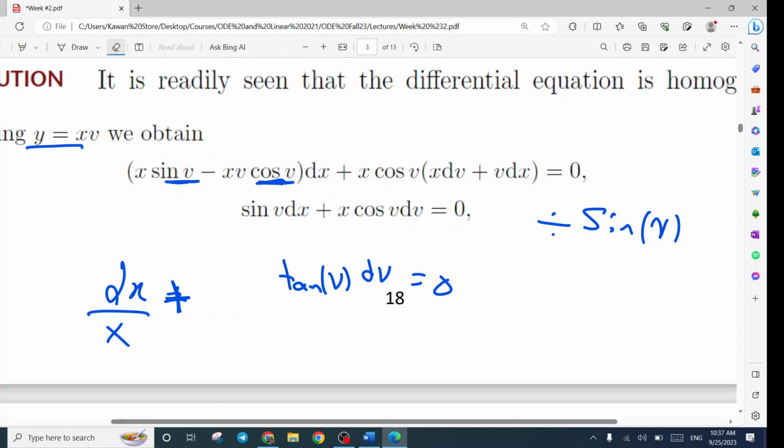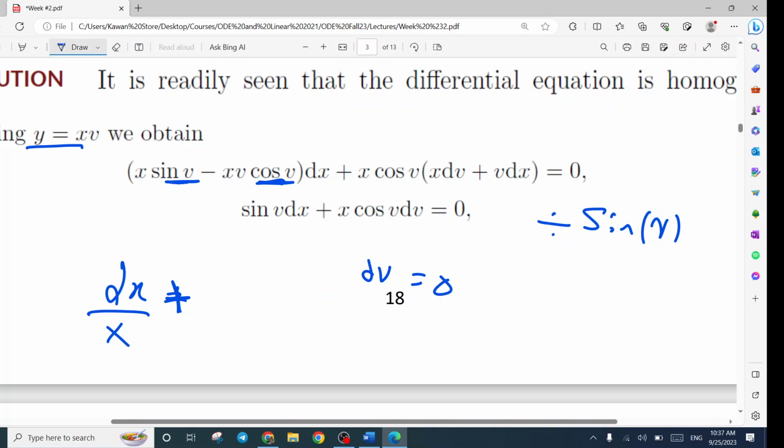Ready. Now the integral of tan. The derivative of secant squared, how? That is what? Minus secant squared, you are right. Tan is equal to what?